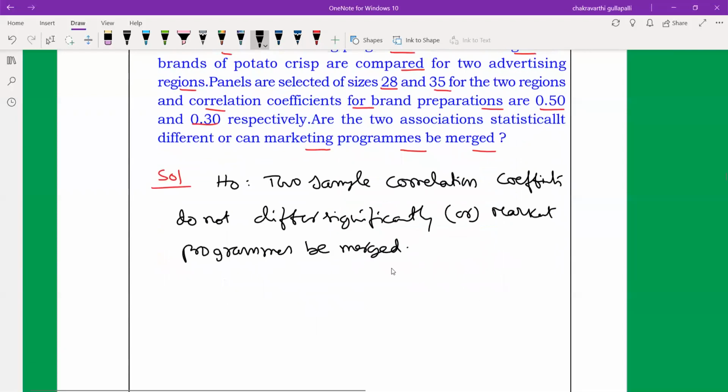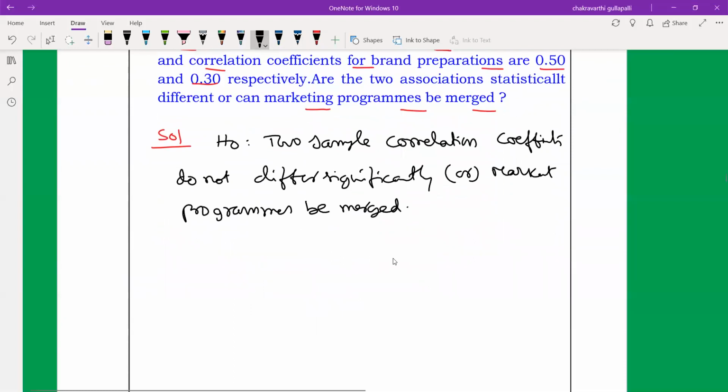For this case, the correlation coefficient is a good measure to use for grouping marketing research programs. That is very important. Based on that, we can apply this here.